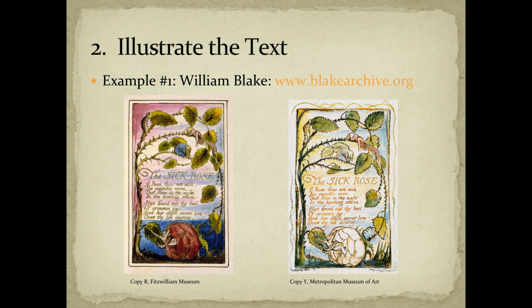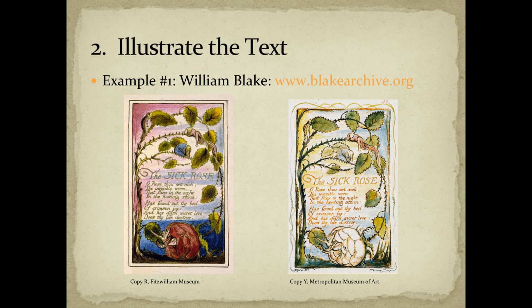For example, in this first image of the Sick Rose, you can see it's a red rose. And that helps to play up Blake's words crimson joy that's in that poem. But he made the choice in the second image of the sick rose not to use the color crimson, which is quite interesting, I think.